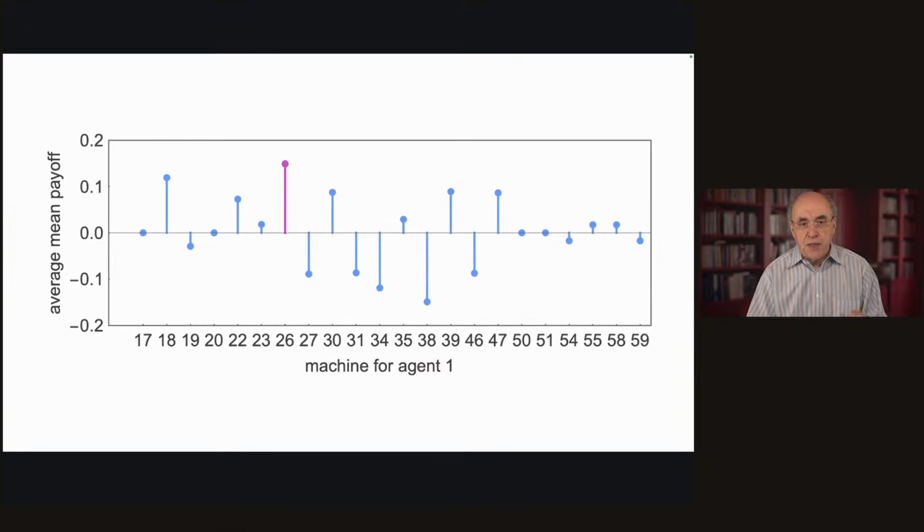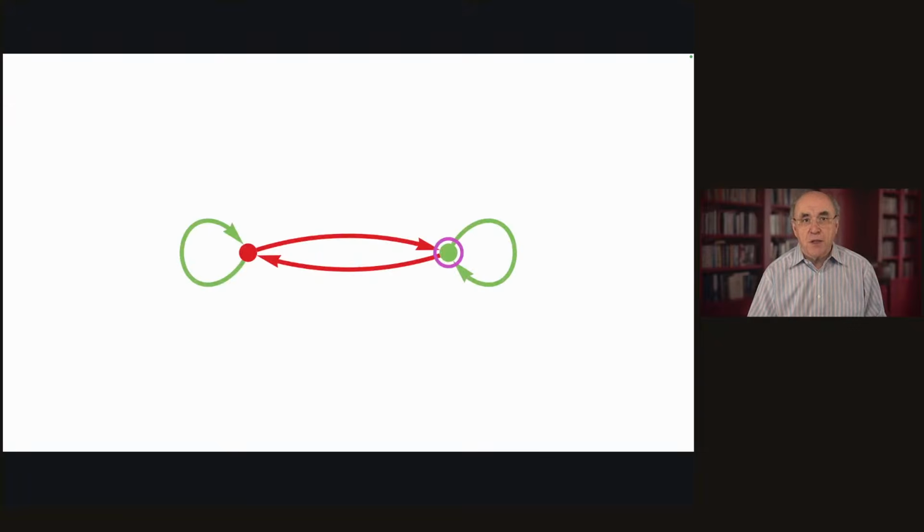So this is for every possible machine playing as agent 1. This is the average mean payoff for that machine playing against all other machines. So by that measure, the winner is the machine indicated by purple here. It's machine 26, and this is what that machine is.